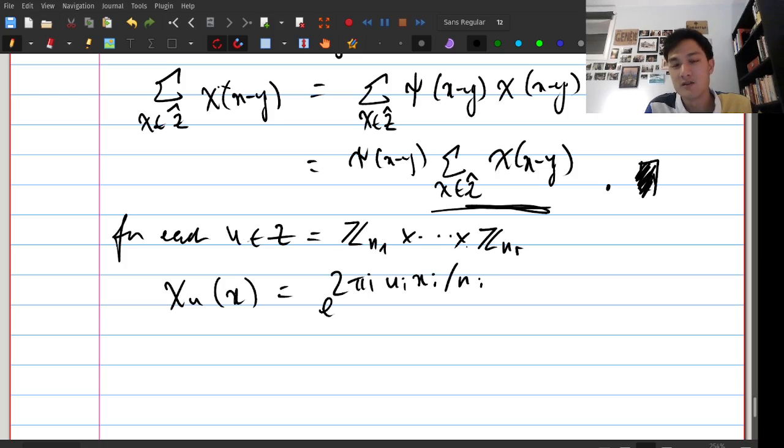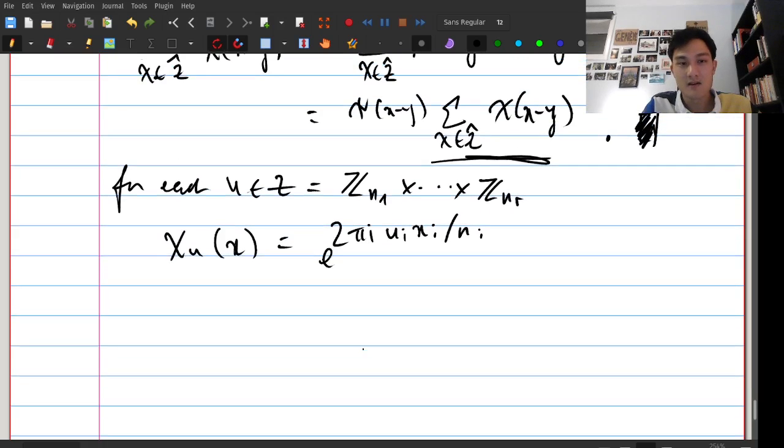You can regard u as some tuple of r elements of these cyclic groups, and so x is also some tuple, and okay, so that's a character.